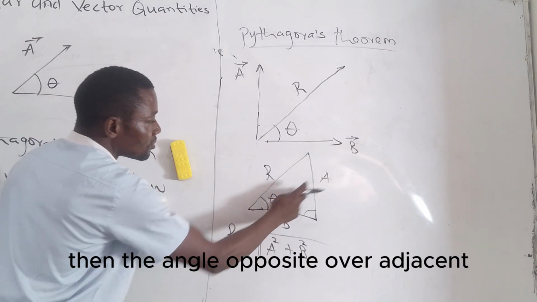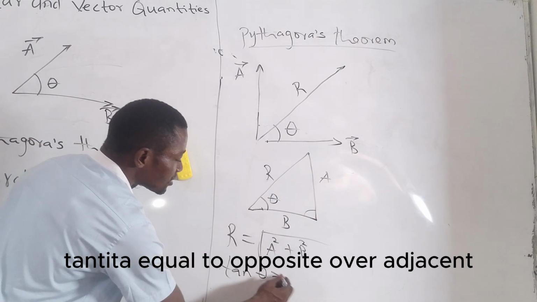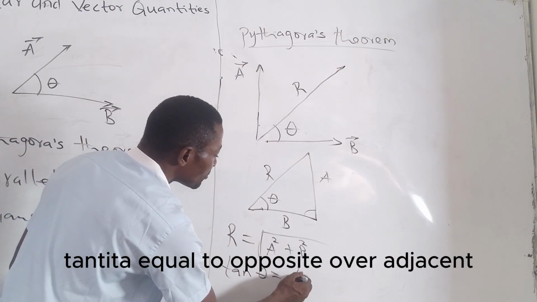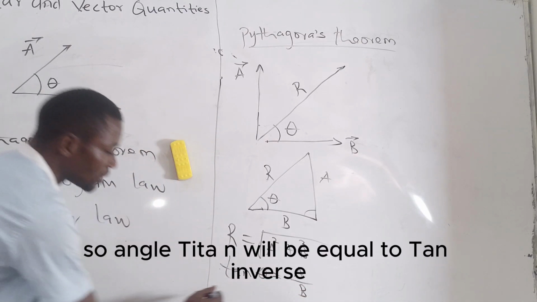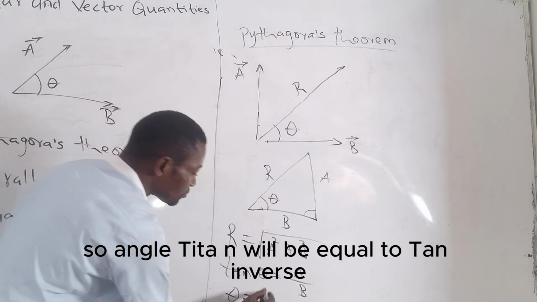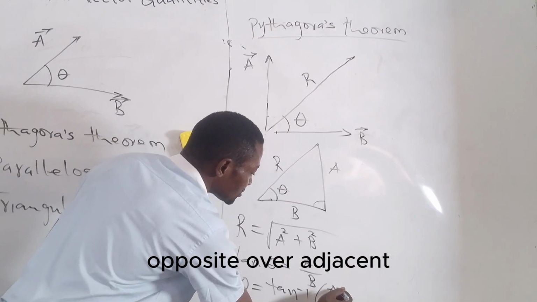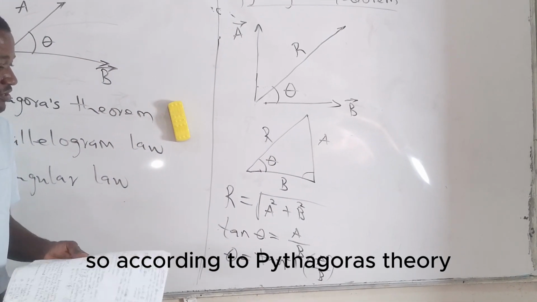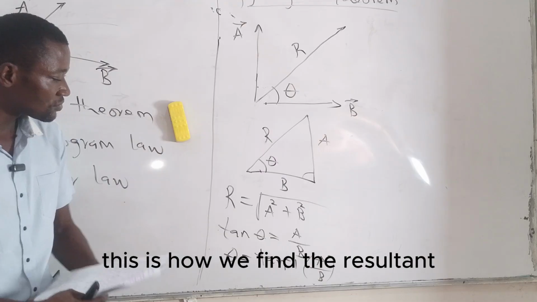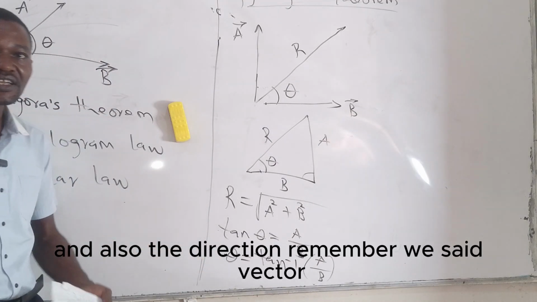Then the angle: tan theta equals opposite over adjacent. So angle theta will be equal to tan inverse of opposite over adjacent. So according to Pythagoras theorem, this is how we find the resultant and also the direction.